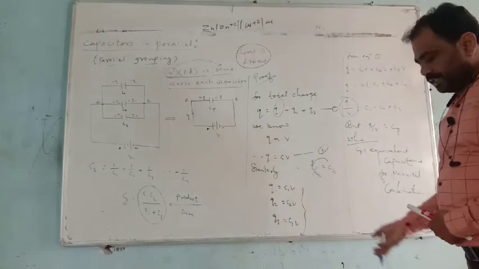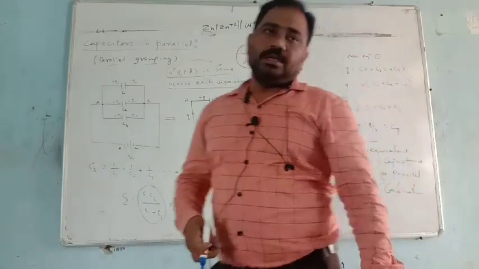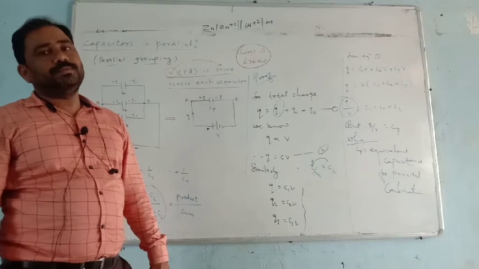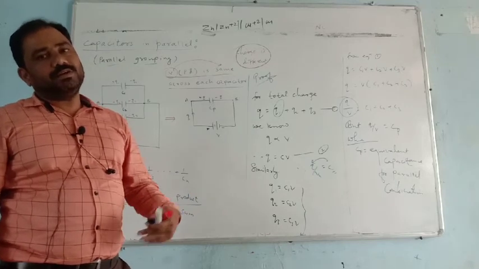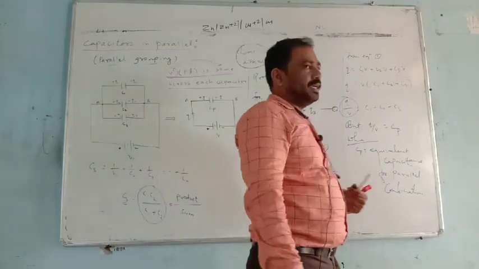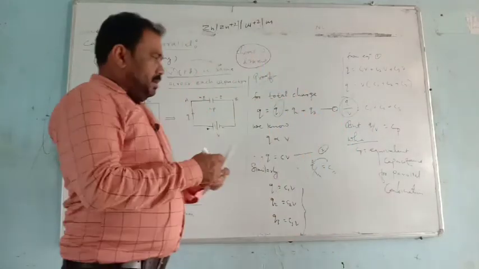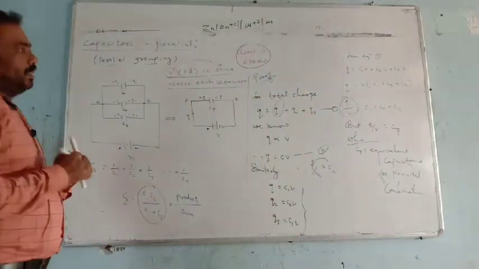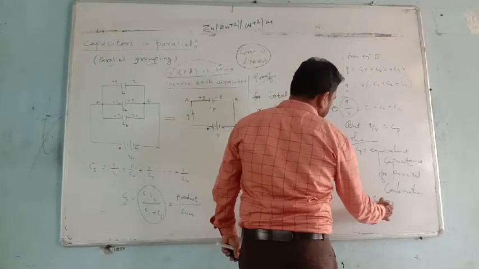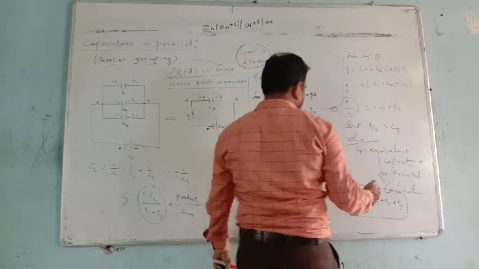This article is very simple, and you must differentiate between series grouping and parallel grouping, because MCQs depend on series grouping as well as parallel grouping. Series grouping means capacitors in series, and parallel grouping means capacitors in parallel. So Cp is nothing but just the addition of C1 plus C2 plus C3. So this one is the third equation.